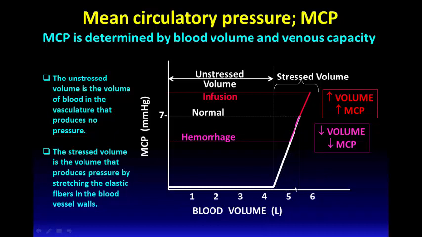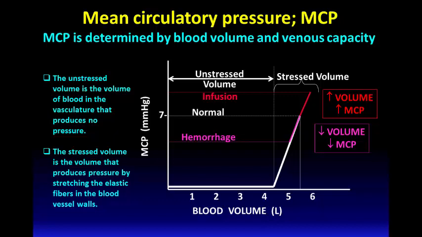This stressed blood volume causes an increase in the pressure in the vasculature as a result of stretching of the elastic fibers. At total normal blood volume, thus, the mean circulatory pressure is 7 millimeters of mercury.